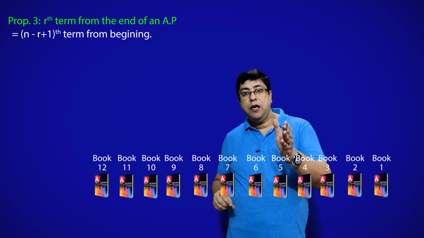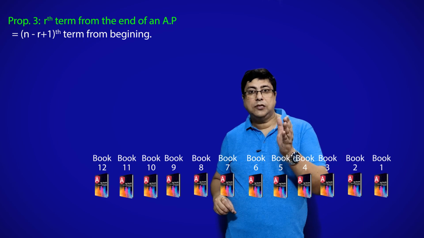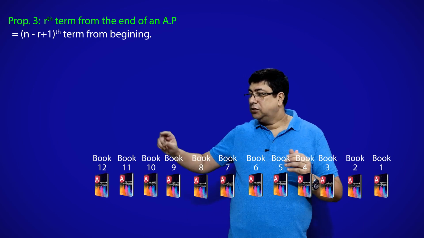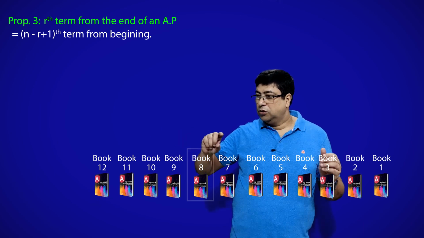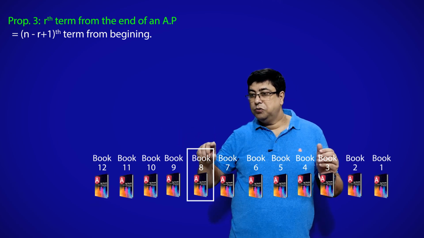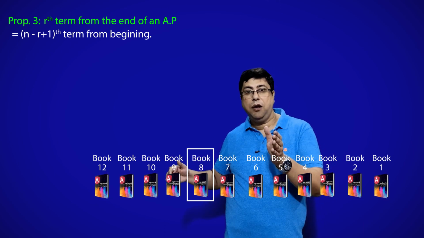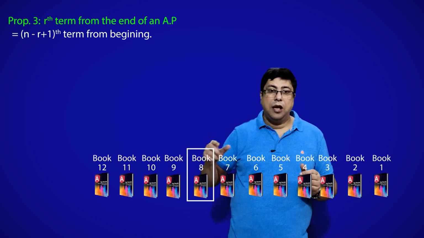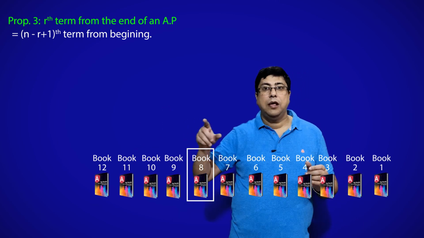Suppose we have to find the 5th book from the end. So let us see what the 5th book from the end is. This is the book which is the 8th book from the beginning. So everybody, in the examination hall, it is better to get the 8th ball from the beginning than to get the 5th ball from the end.